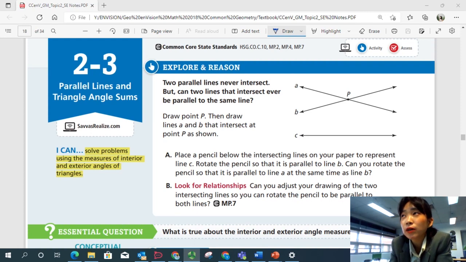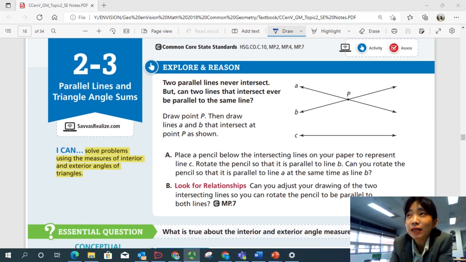Two parallel lines never intersect, but can two lines that intersect ever be parallel to the same line? So you know two parallel lines never intersect, right? They never meet. But could there be two lines that intersect ever parallel to another same line?